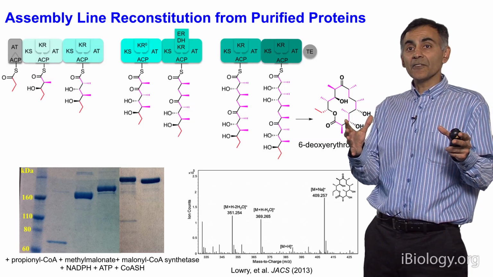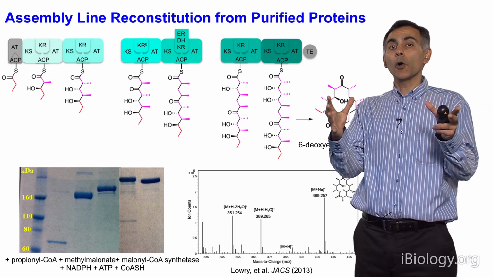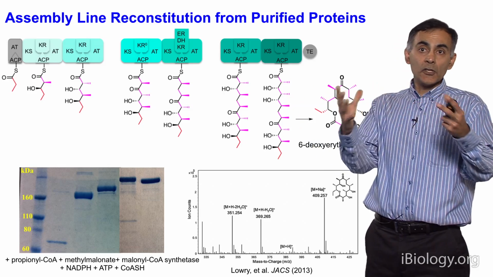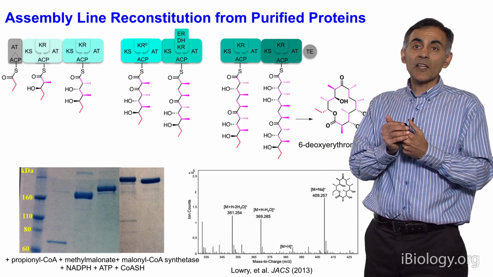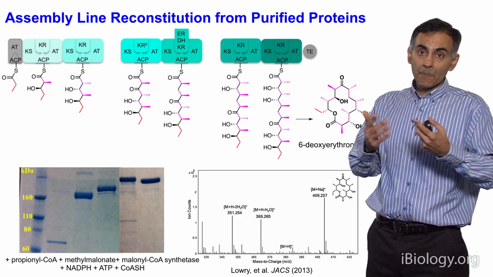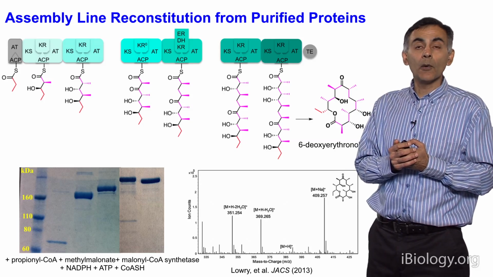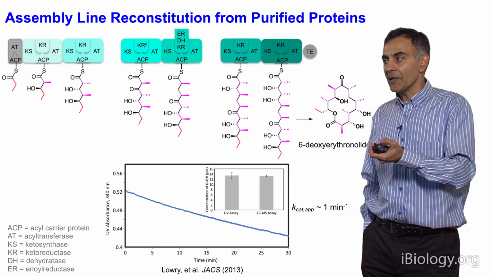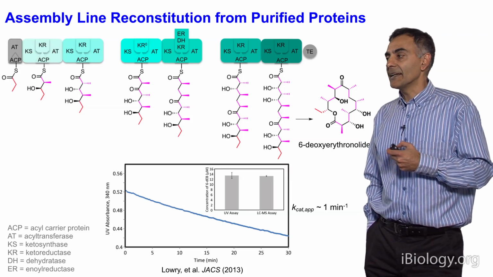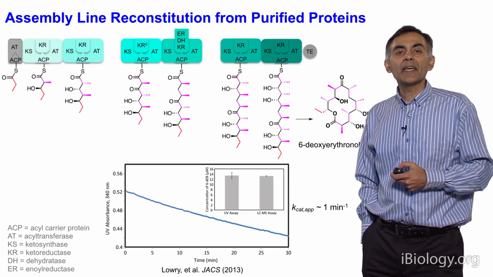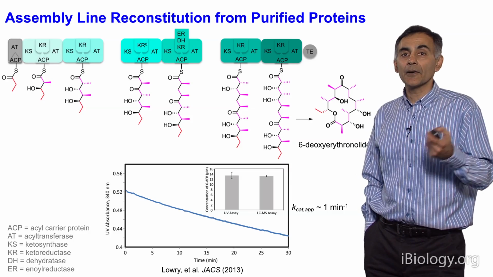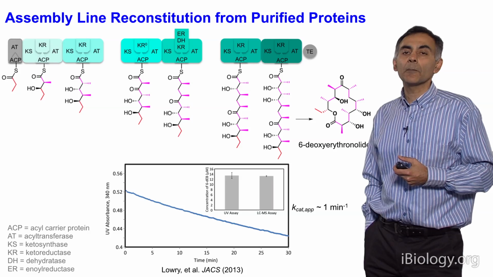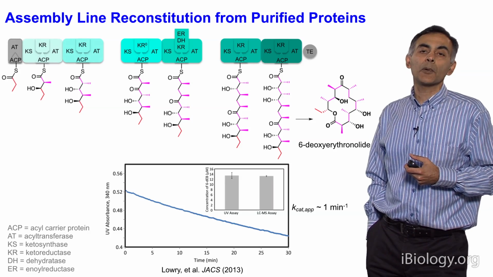What this allows us now to do is to probe this machine with all the power that you're used to using to study your favorite enzyme once you've purified it to homogeneity. So what I show you in this is a very simple graph that gives you a sense that we can turn over this entire assembly line in a test tube with a rate constant that's approximately about 1 per minute.